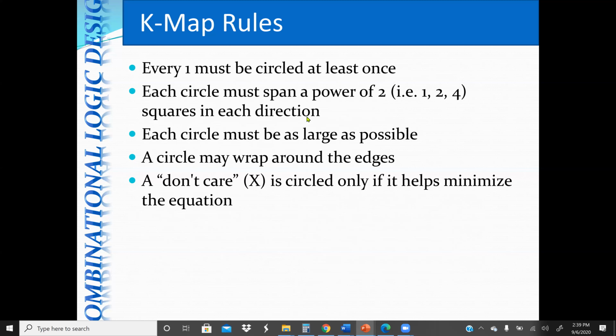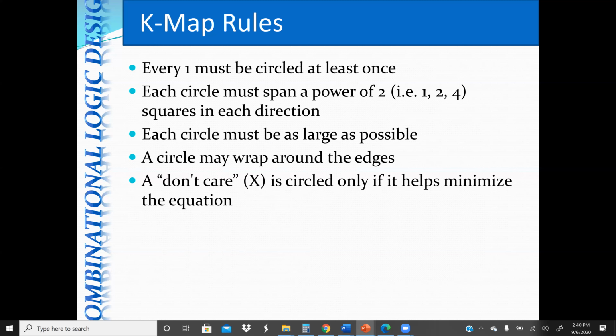Now, each circle must span a power of 2. So we should circle 1, 2, 4, 8, and so on. Each circle must also be as large as possible. If I have 4 ones together, I don't want to circle 2 and then 2 again.